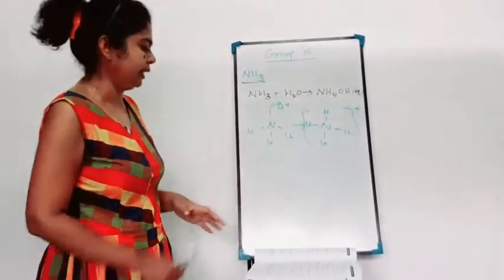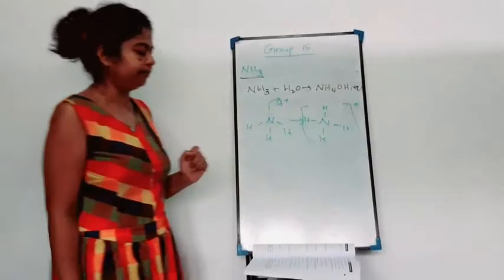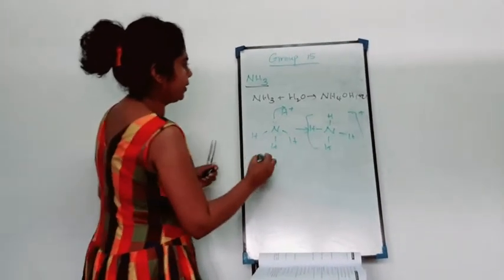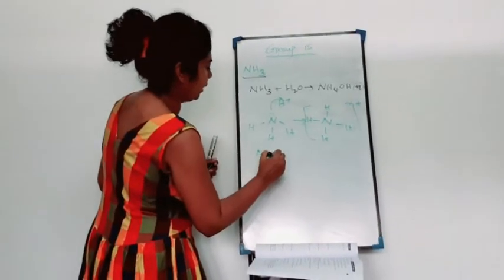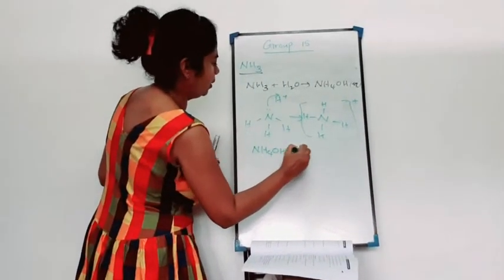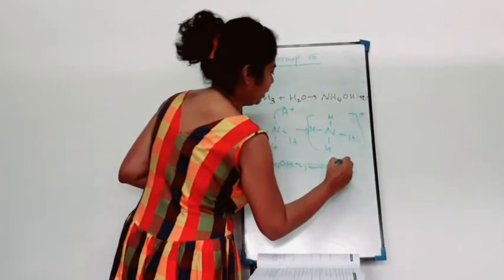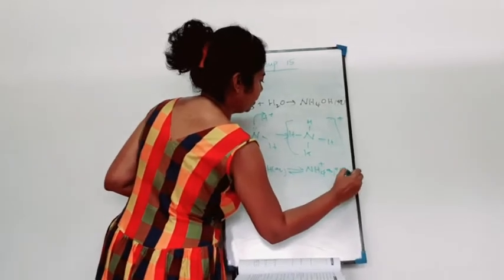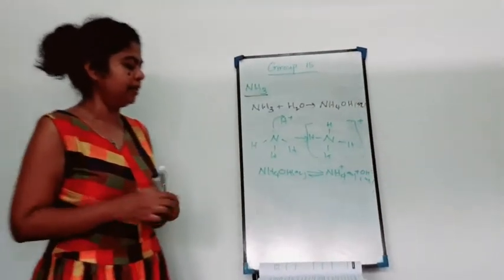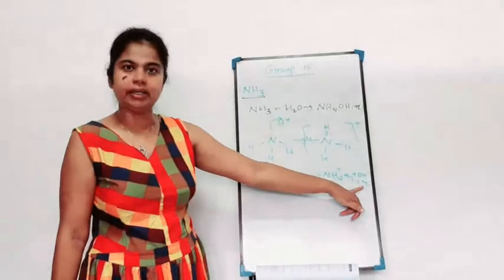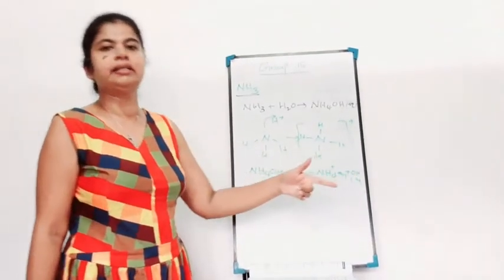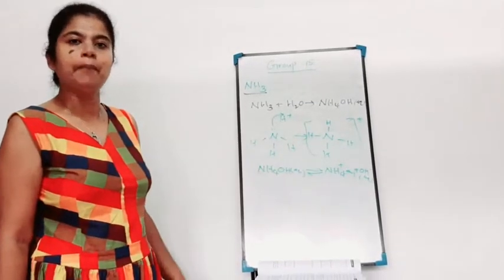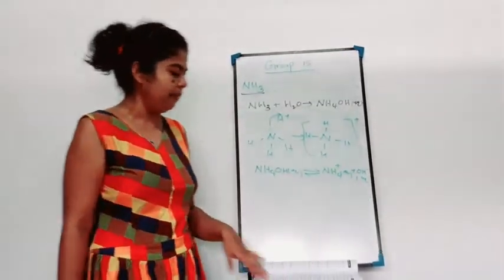Okay, then if this dissociation is written, ammonium hydroxide aq, it's a partial dissociation, NH4 plus aq and OH minus aq. Anyhow, OH minus comes to the medium. If OH minus comes to the medium, what does it mean? Medium is basic, right?